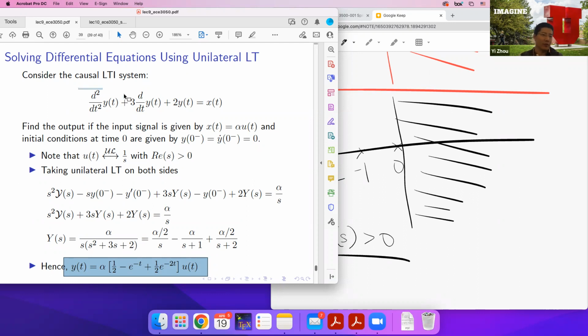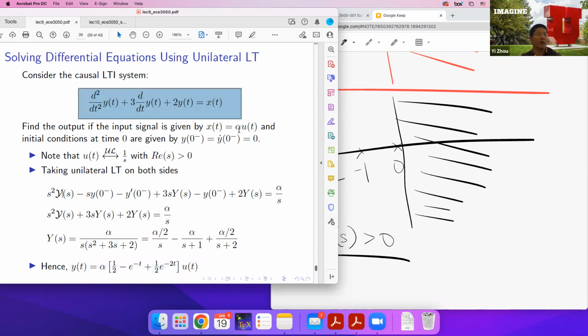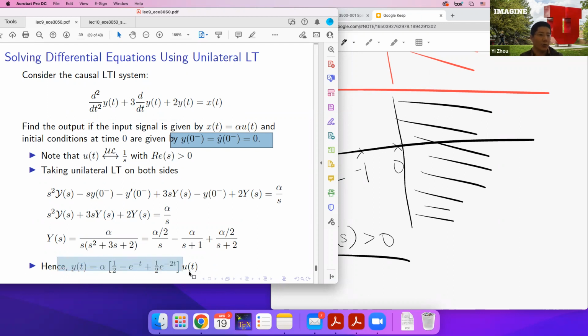We are given a system, given a differential equation, given the input, and given the initial boundary conditions. With this, we can apply the unilateral transform and completely solve this equation. So in the end, we can figure out the output. Okay. The output yt takes such a form under this input and under these initial conditions of the system.